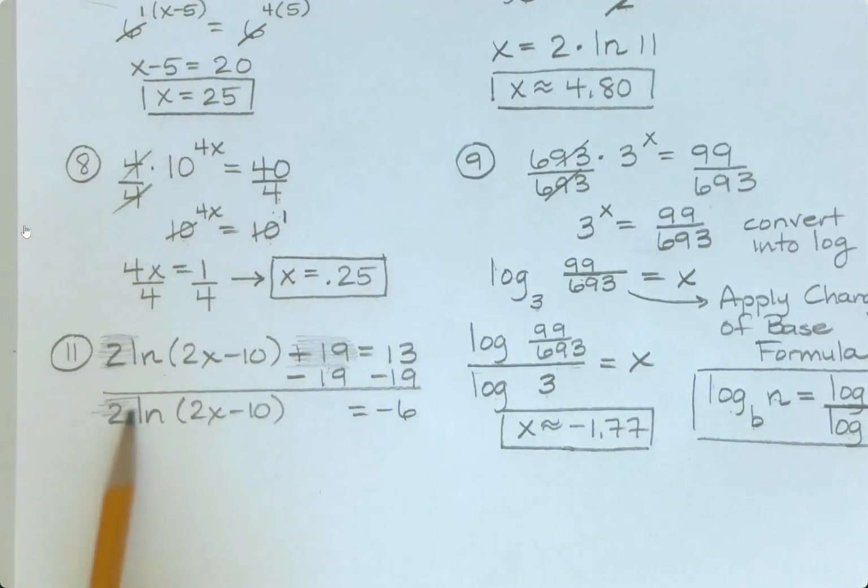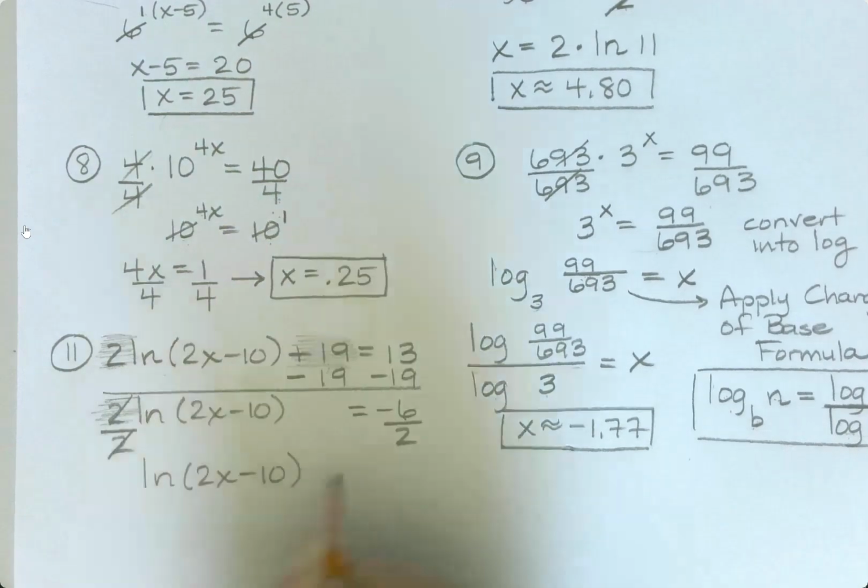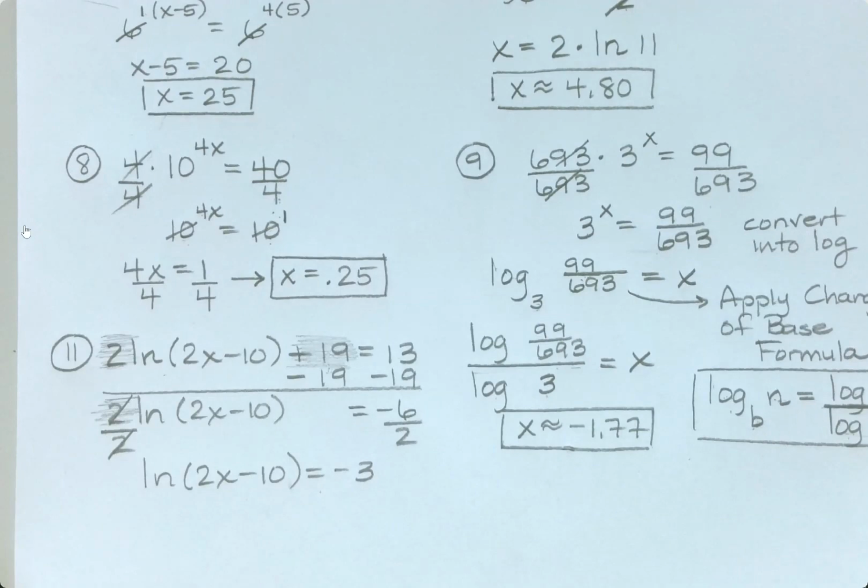Now, our job is to get rid of the 2. 2 is multiplying by ln 2x minus 10. So we will need to undo by dividing both sides by 2. Now, that disappears, and we are so excited to see that now our log equation looks like the basic.